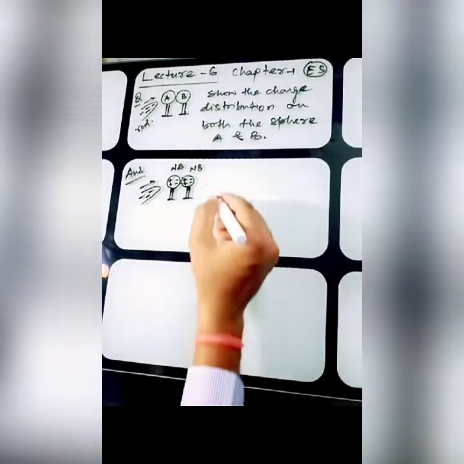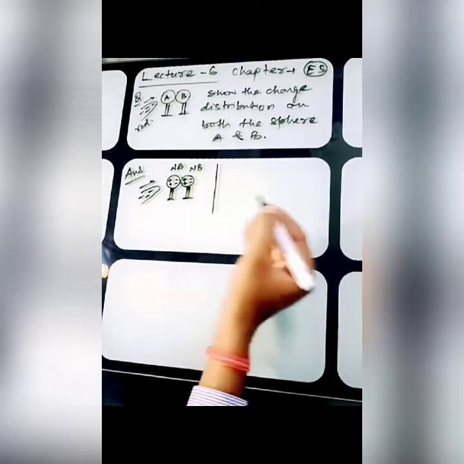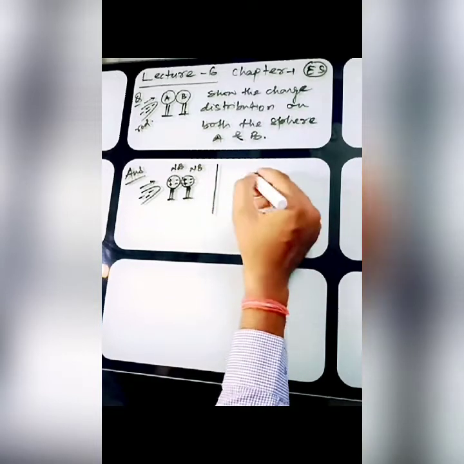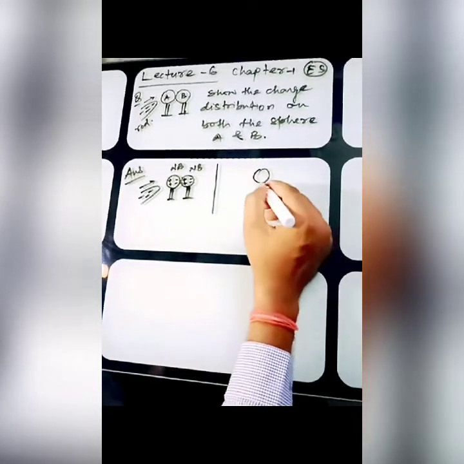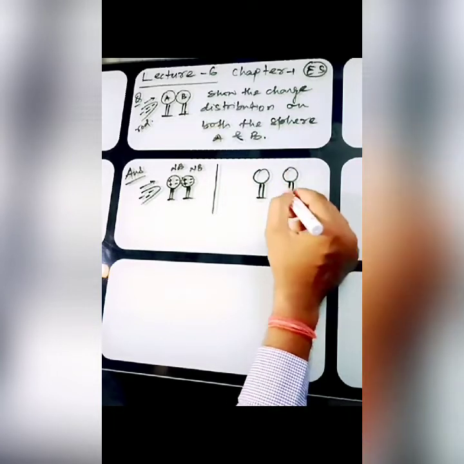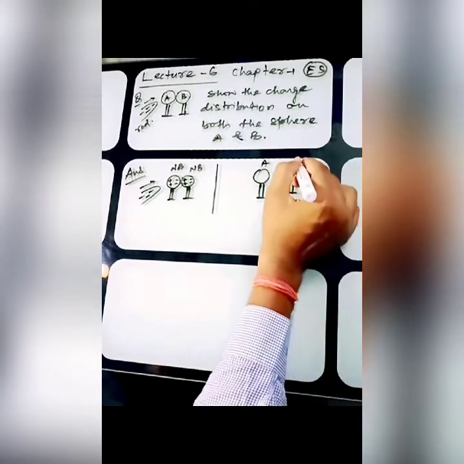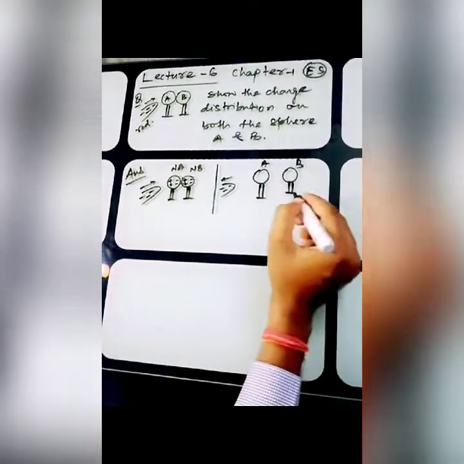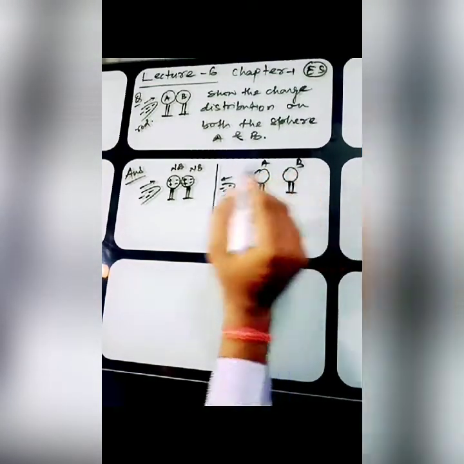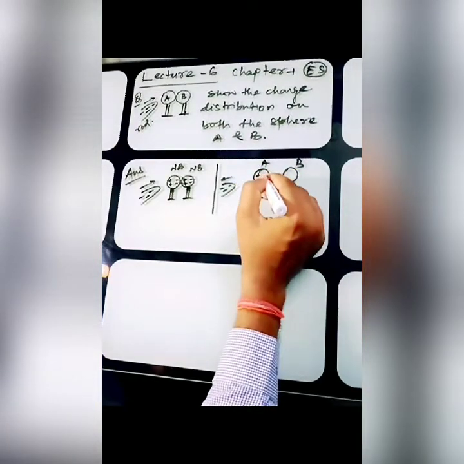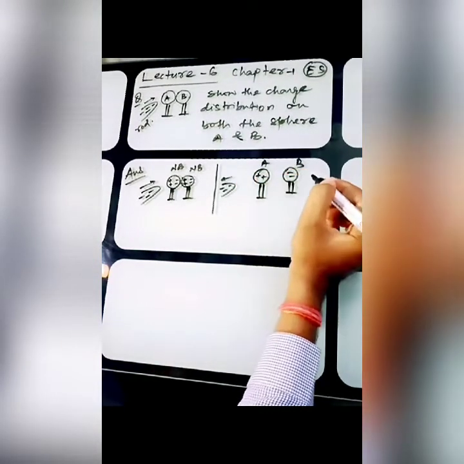Now in the second case, if we move this rod away and separate these two spheres A and B, what will happen? We bring this rod away. The negative and positive on the connecting sides will neutralize themselves, leaving positive here and negative here.